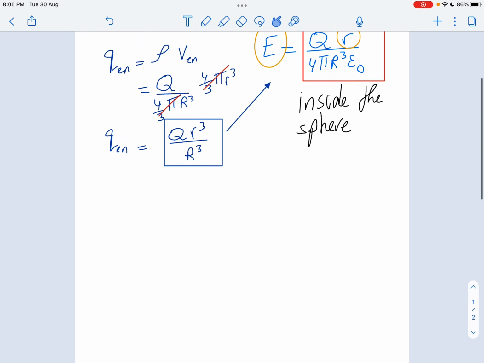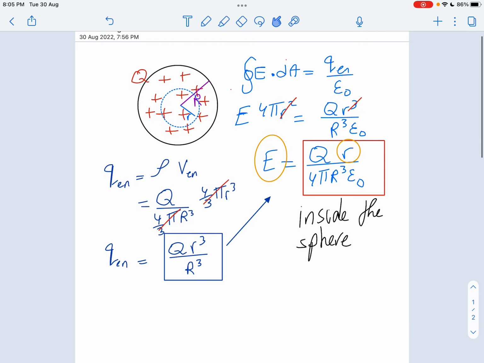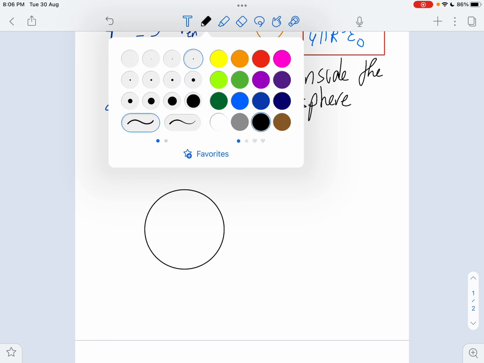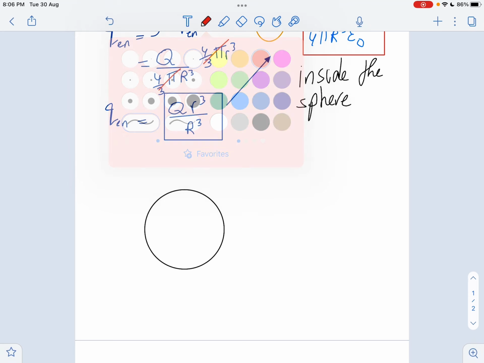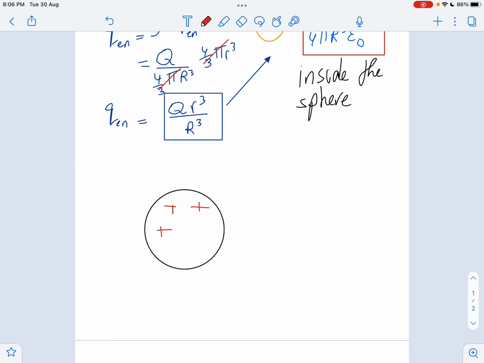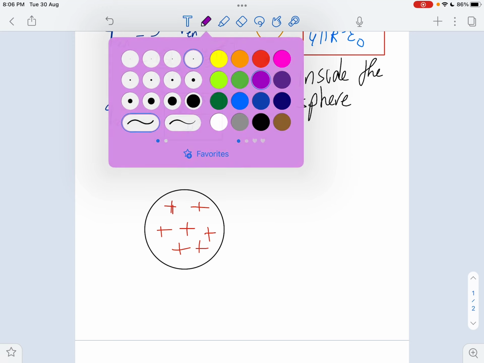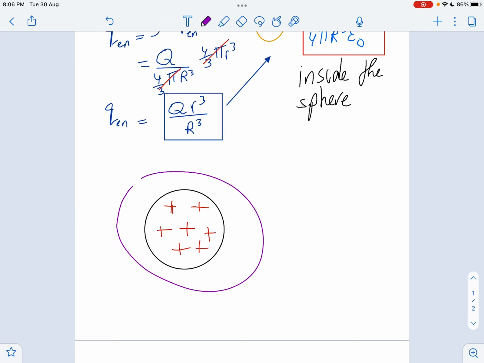What's the electric field outside the insulating sphere? So outside, that's the sphere again, which is positively charged, with charge distributed uniformly. Now we take a Gaussian surface outside, because we need to find the electric field outside.